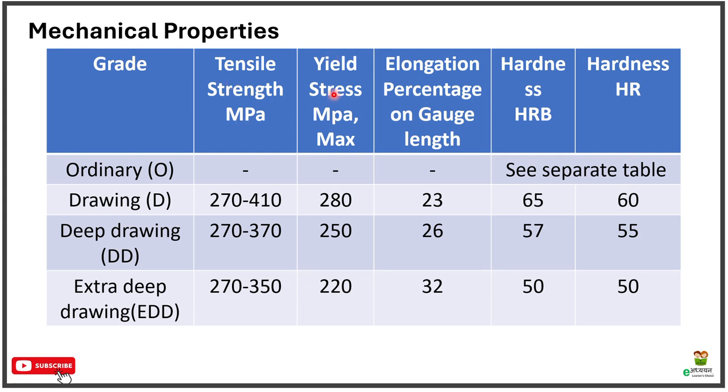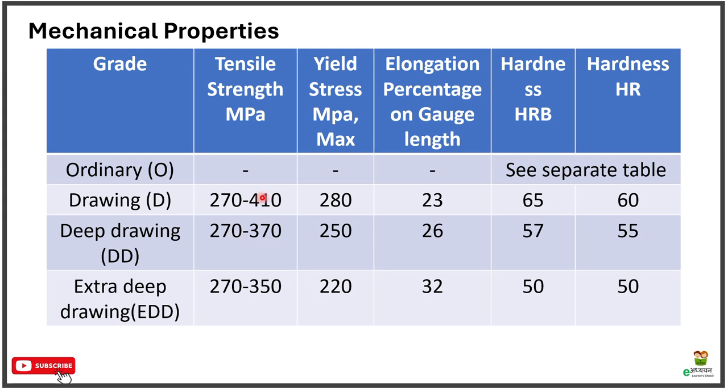Then yield stress is also in MPa, max 280. Elongation percentage on gauge length is 23. Here you can see percentage elongation increasing for the deep drawing and extra deep drawing quality. For deep drawing quality the tensile strength is 270 to 370.